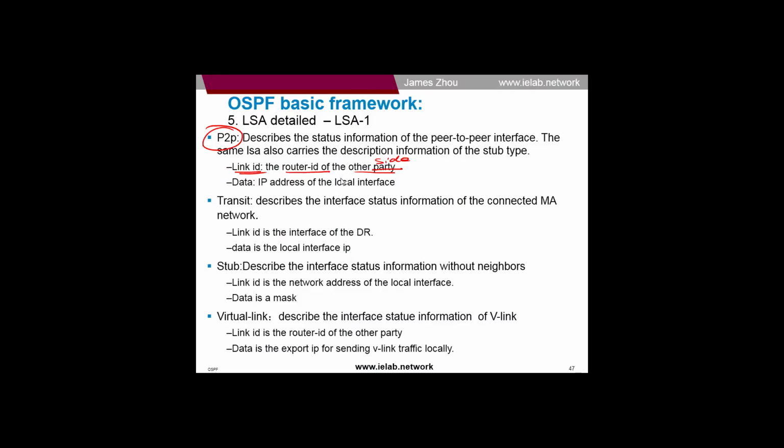The second is stub. Stub describes the interface status information without a neighbor, just a link. The link ID is the network address and the data is the mask.